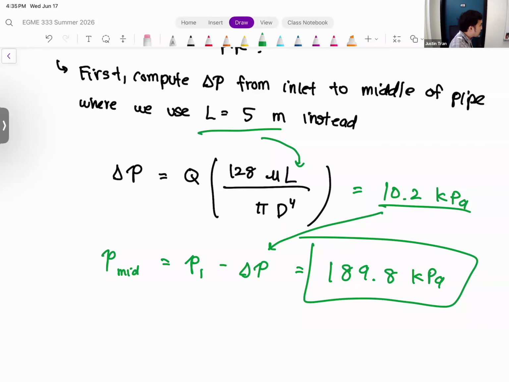So part C, there's not much to part C. It's just illustrating to you what the pressure drop actually is. And if you're given an inlet pressure, which is not that uncommon, say your pipe here is connected to a pump, a pump is going to essentially pressurize your flow up to a certain amount.